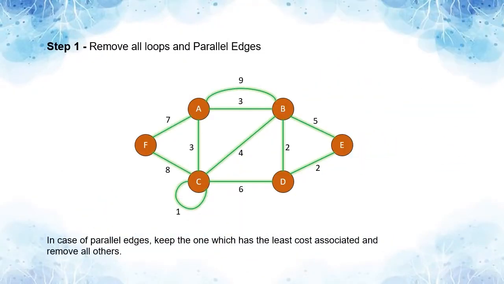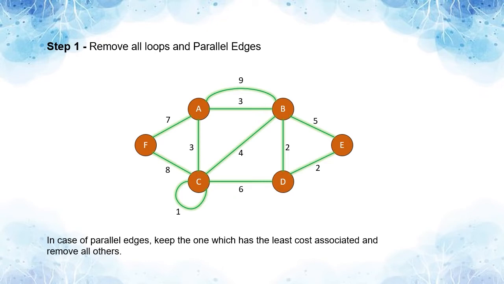The very first step is removing all the loops and parallel edges from this graph. Parallel edges means that from one vertex to another vertex there are two edges. If you see in this graph, from A to B you would find two edges. One edge has a weight of 9 and the other 3. These are called parallel edges. We are supposed to remove any one of these.